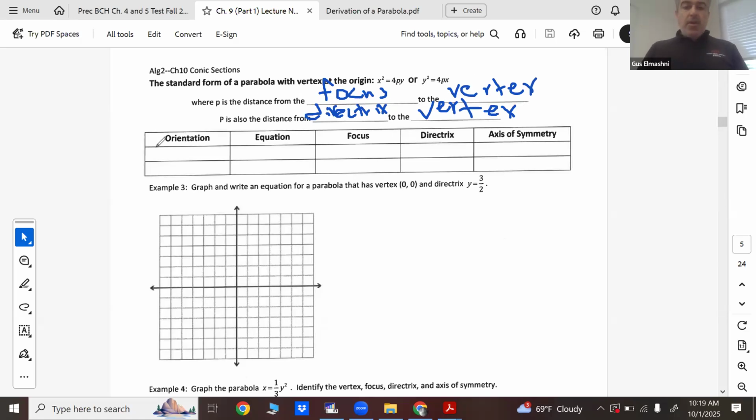So, orientation: you've got vertical orientation or horizontal orientation. To keep things simple for today, I'm not going to move the vertex away from the origin. I will later in the unit. So if it's vertical, it would be x squared equals 4py.